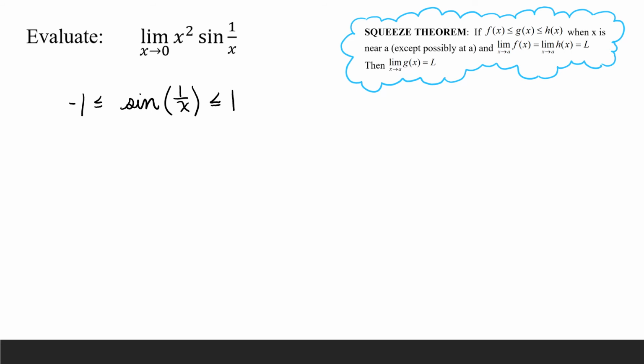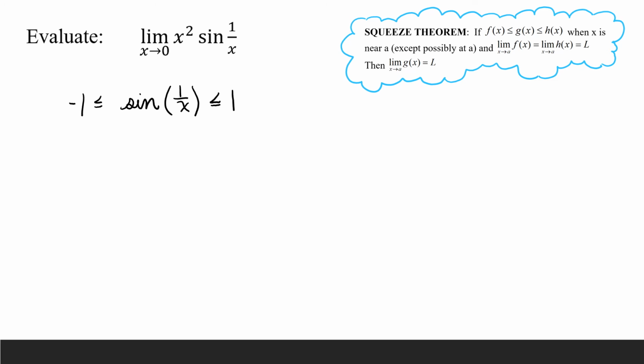This looks pretty similar to this x squared times sine of 1 over x. We have a sine of 1 over x, but we're missing the x squared. So we need to figure out how to make it so this sine of 1 over x looks like an x squared times sine of 1 over x. And that means that we're going to need to multiply by x squared. But we have to be careful when we're dealing with inequalities and multiplying by things.